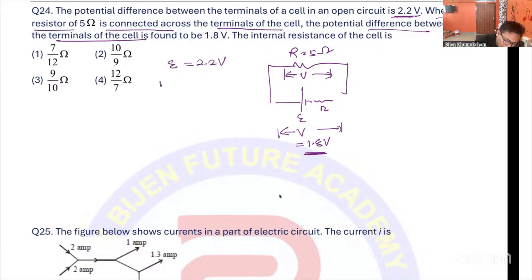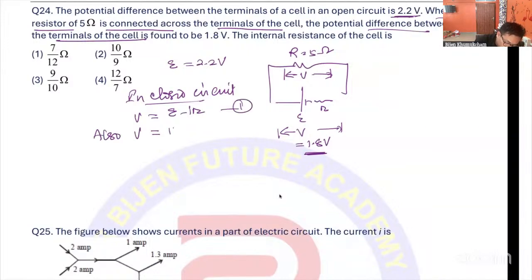Let's first find I. Initially, in the closed circuit after connecting the 5 ohm resistor, V equals E minus Ir. Obviously we can use this, but as r is unknown and I is also unknown, there's another equation, V equals IR. From here we can find the value of I.